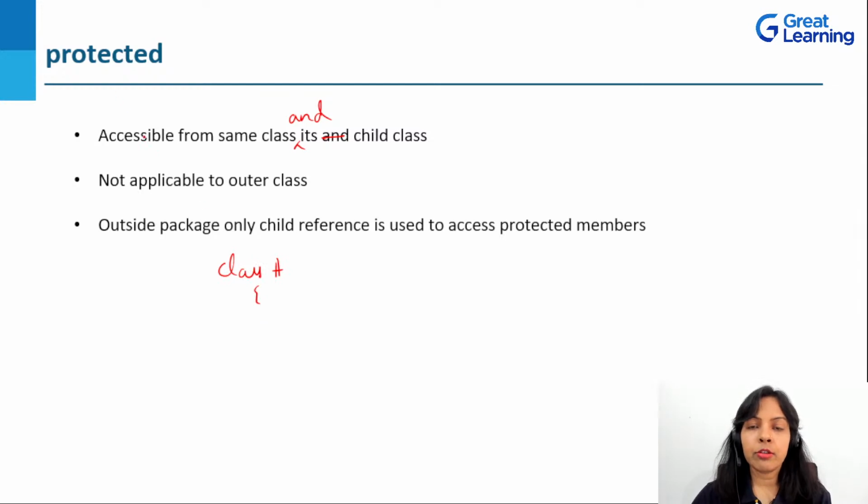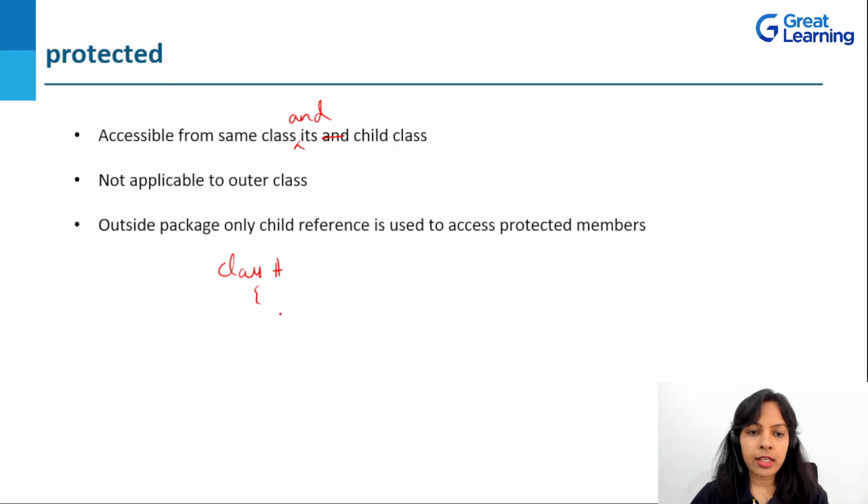Again, protected is also not used for classes, that is, outer classes. So generally we avoid using the protected access modifier for classes, although it is applicable, but not for an outer class. For an inner class, like I demonstrated for private, you can use it for protected also. Any doubts here? Any questions? You can put them up on the chat group. I'll just quickly answer them.